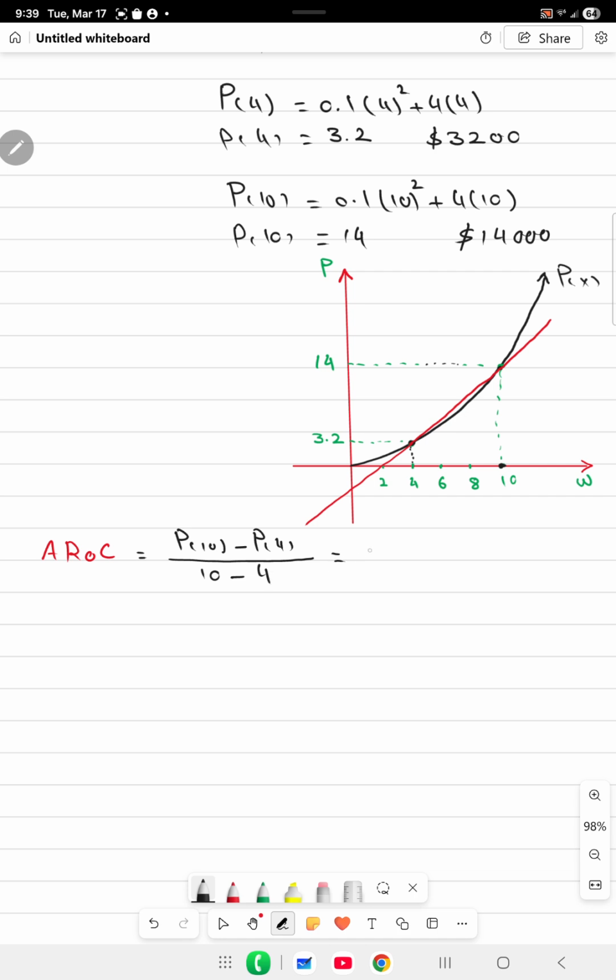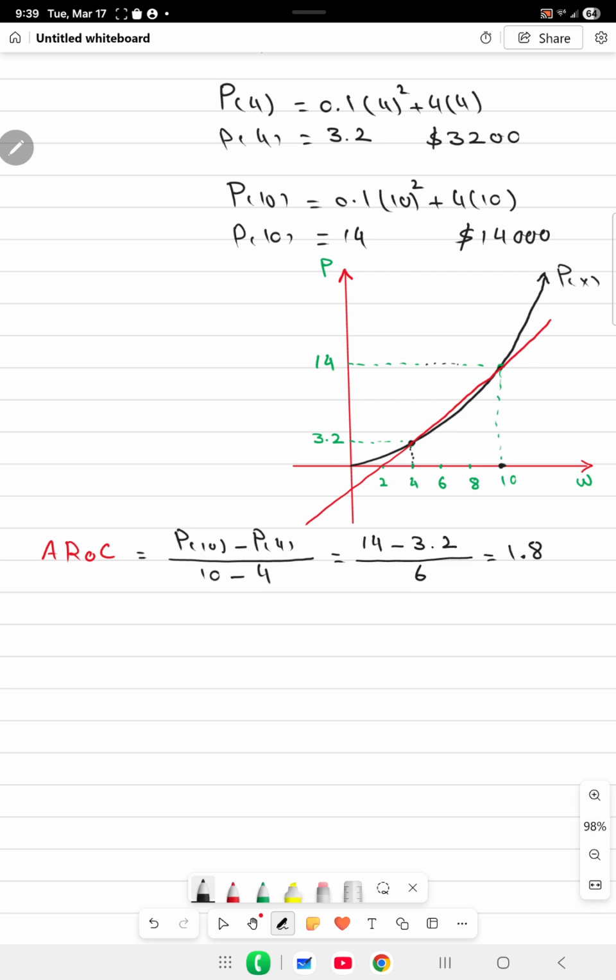For us, P of 10 is 14, minus P of 4 is 3.2, over 10 minus 4 gives you 6. If you do the math, it will be 1.8.